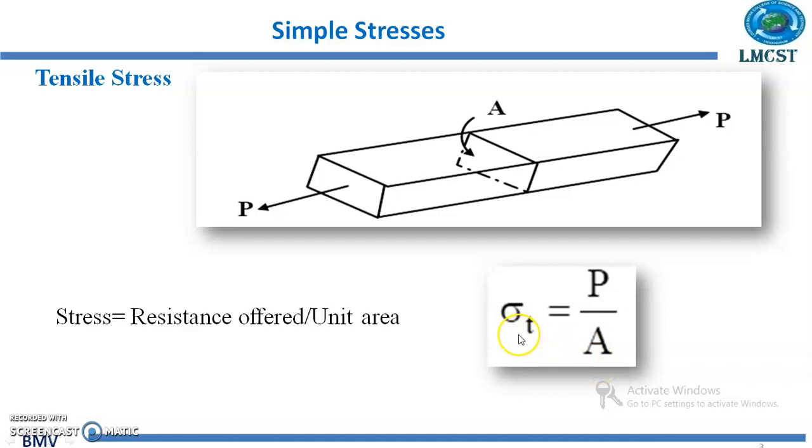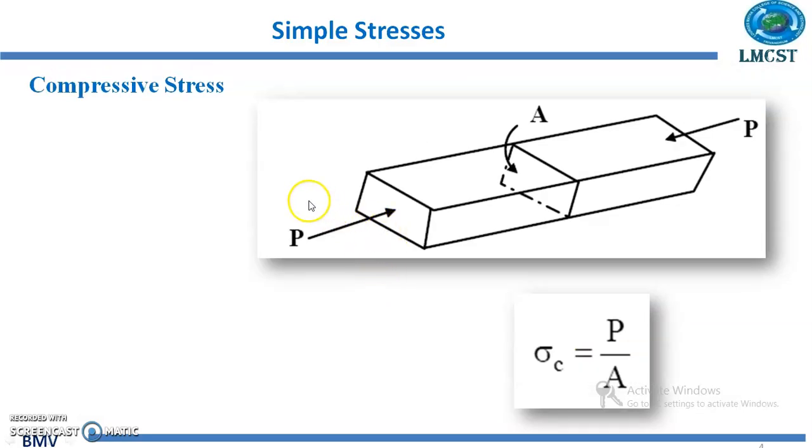Usually stress is represented using sigma, and since the force acting on this member is tensile in nature, we represent sigma with a suffix T. That means the tensile stress sigma T is equal to P by area.